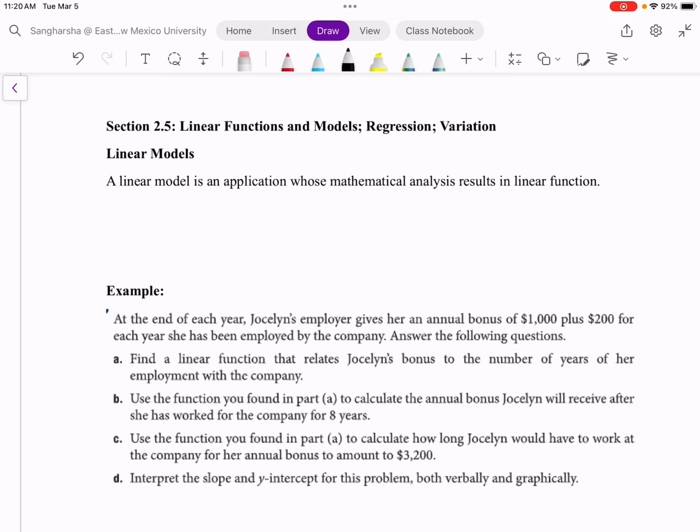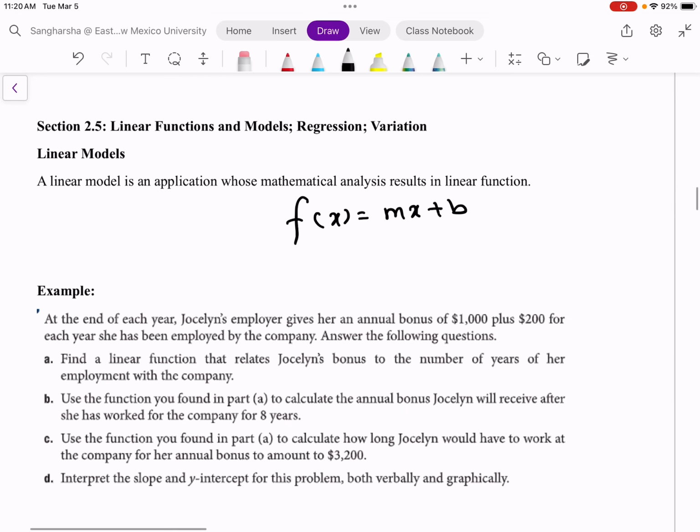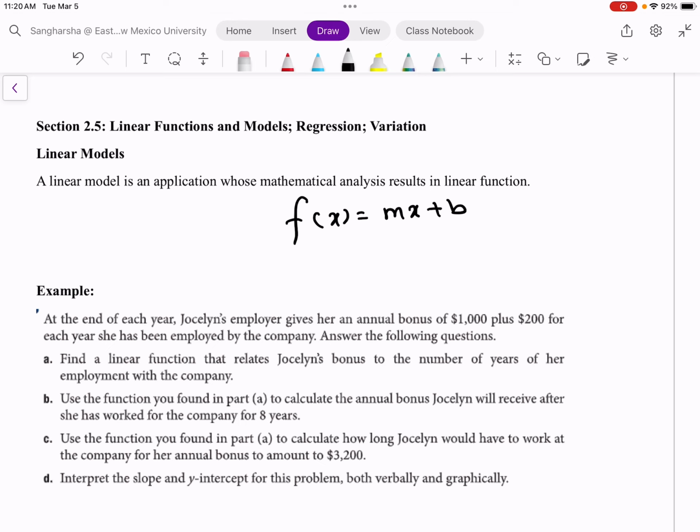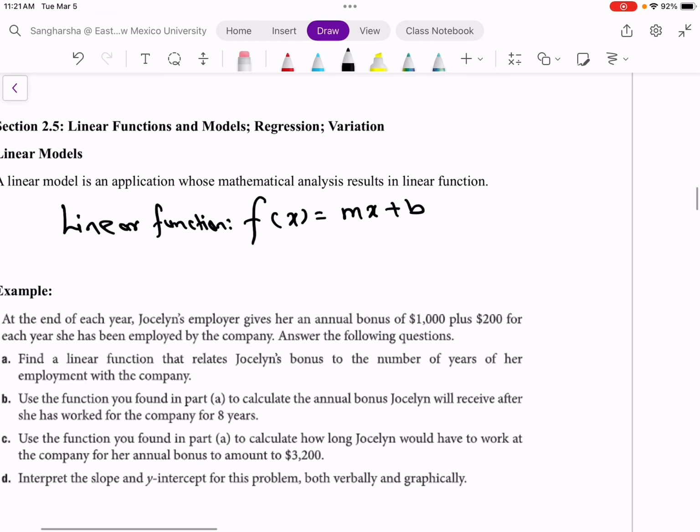So if any function f of x equals m times x plus b, then our function is a linear function, which is the same as the slope-intercept form. m and b are constants. m and b can be any number; m and b are real numbers.